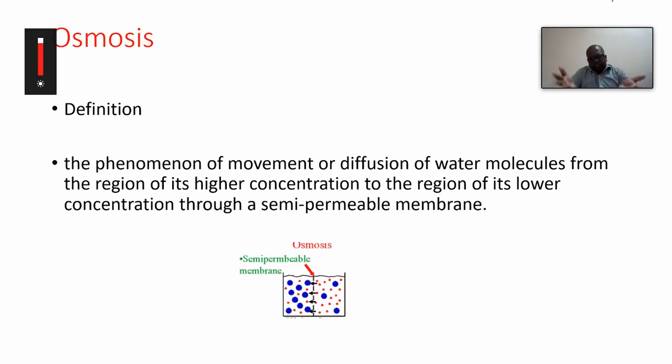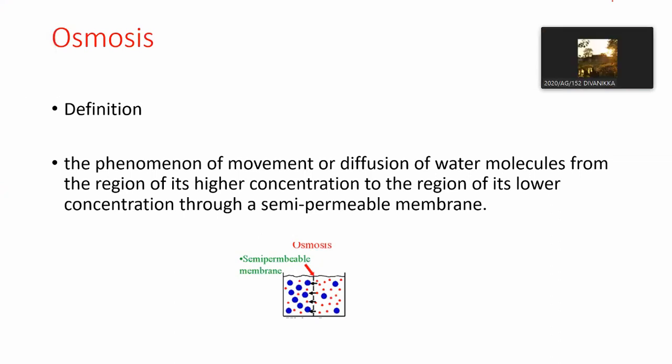Can anyone read this osmosis definition? The phenomenon of movement of diffusion of water molecules from the region of its high concentration to the region of its lower concentration through a semi-permeable membrane. Yeah, then what is the difference between diffusion and osmosis? That is also from high concentration to lower concentration of water molecules. Here also, high to lower concentration.